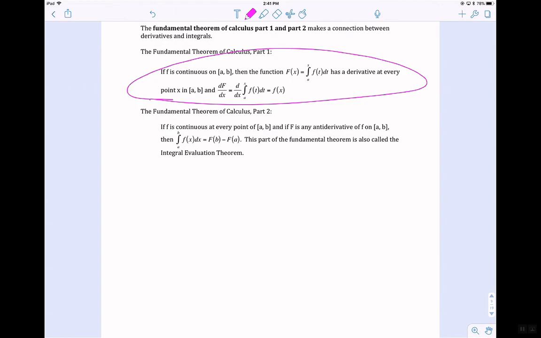Part 2 is pretty obvious: if I took the integral from a to b of f prime of x dx, this would be f of b minus f of a. Take the antiderivative of the derivative and you get the original function evaluated at a and b. That is the fundamental theorem of calculus part 2.